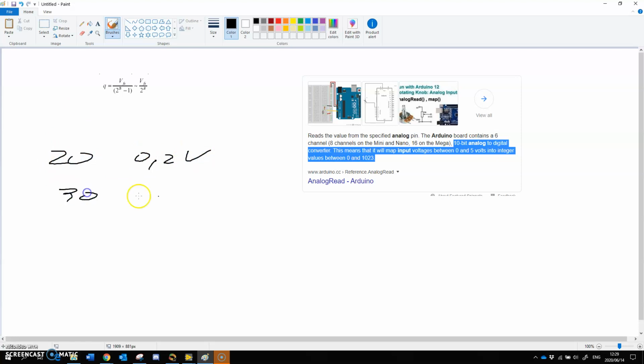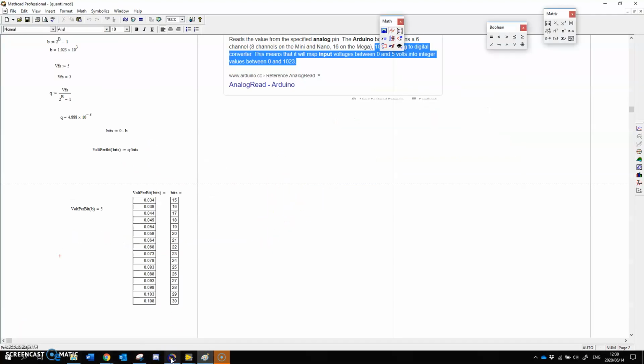If it's 30 degrees Celsius, it will give you 0.3 volts. If it's 100 degrees Celsius, it's going to give you 1 volt. So we're only going from 0 to 1. If we use this calculator, we can see that if we only use from 0 to 1, we're not going to use all the bits. So we get a certain step function here.